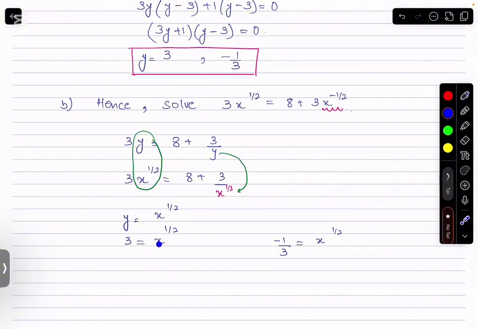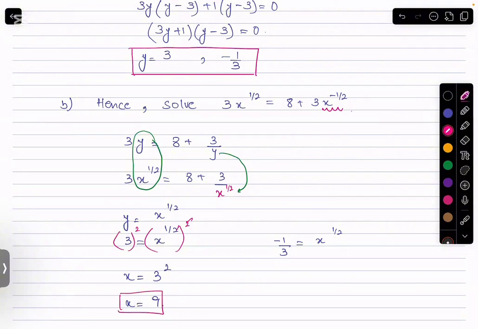The thing is, we have an x to the power 1 by 2. मुझे सिर्फ x find करना है. That means I need to eliminate this power. So to eliminate the power, can I square both the sides? Yes. Right? So if I square both the sides, the 2 gets cancelled. What is the value of x? X then will be equal to 3 squared, or I can say x is equals to 9. Correct? Chale, x is equals to 9 is my answer.